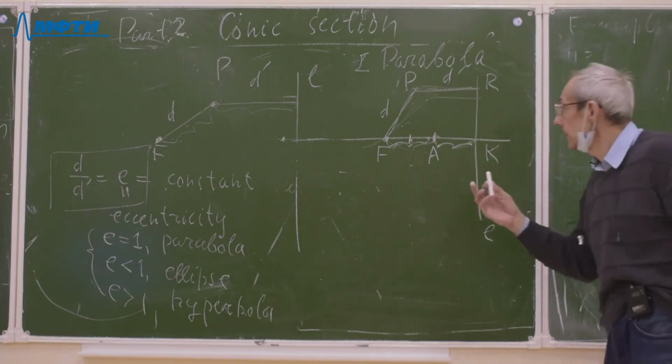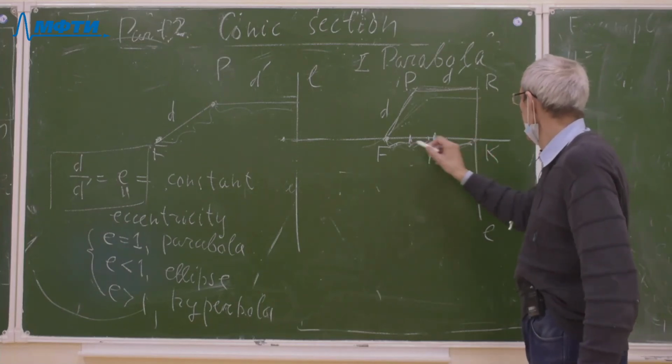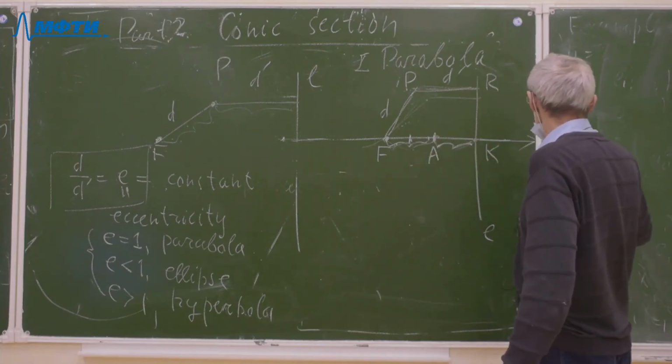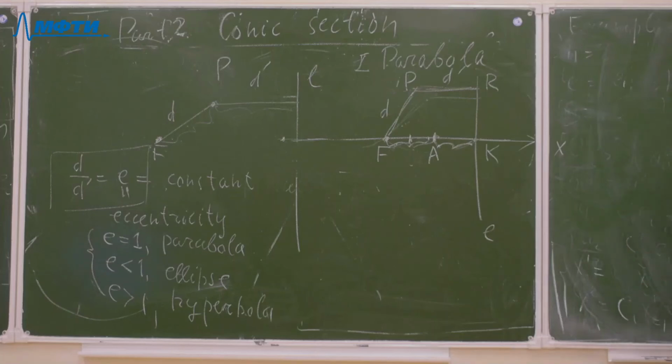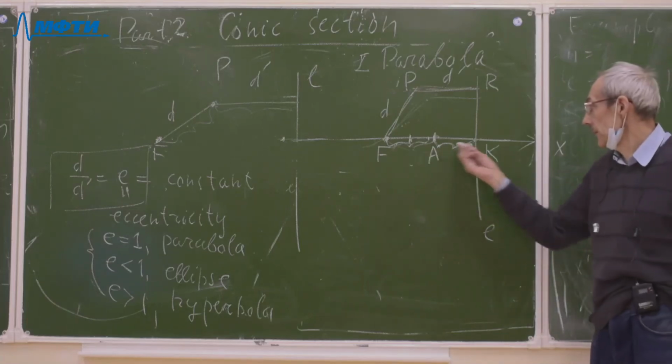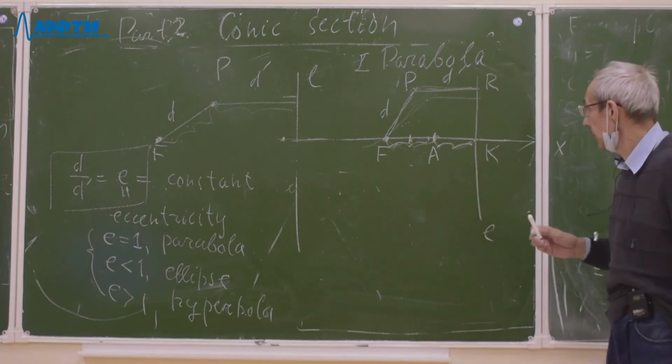Let's consider the coordinate system such that the x line coincides with our straight line, which passes through the points F and F prime.